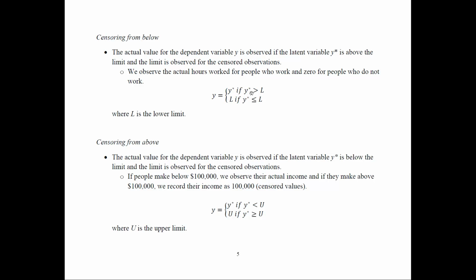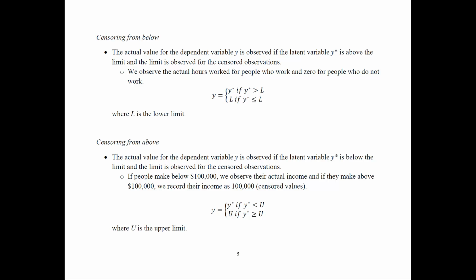If y star is greater than the lower limit, which in this case would be 0, y is the actual value. But if y star is less than or equal to this lower bound, which is typically 0, then we have the lower bound. So this is when we have lots of zeros in the data, or another number as a limit from below, and then we have the actual values for the observations that don't hit this limit.